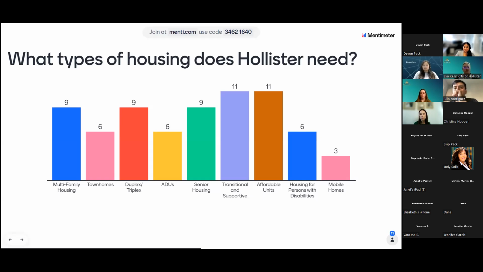Basically, we need to be looking at developing more units that are affordable, because Hollister is unattractive and uncompetitive with the salaries of Monterey County and Santa Clara County. And so we will continue to have staff shortages in healthcare, education, and law enforcement if we do not work to develop more incentives to attract people to Hollister. Yeah. All right, thank you, Devin.